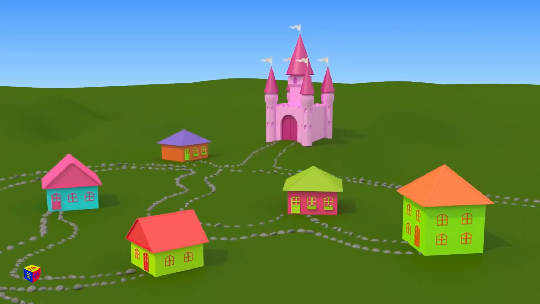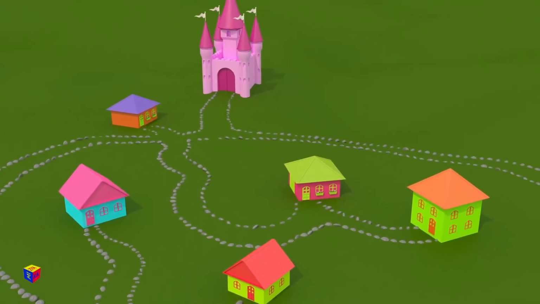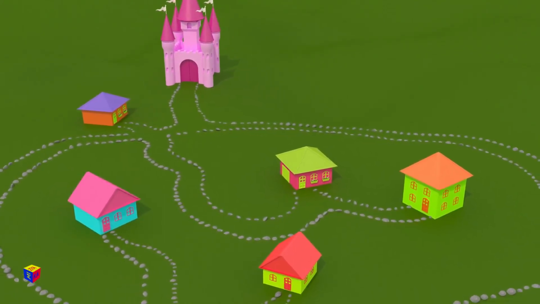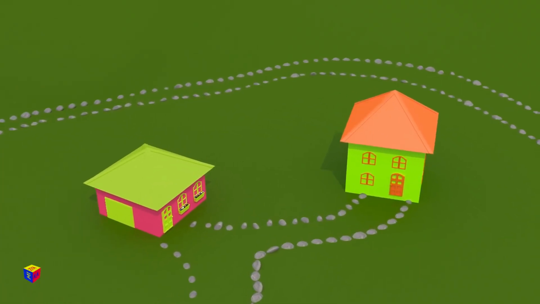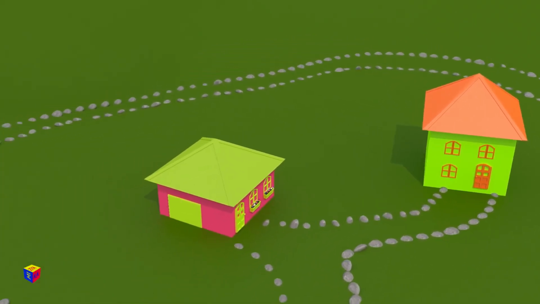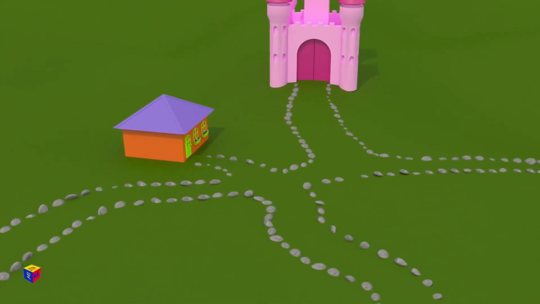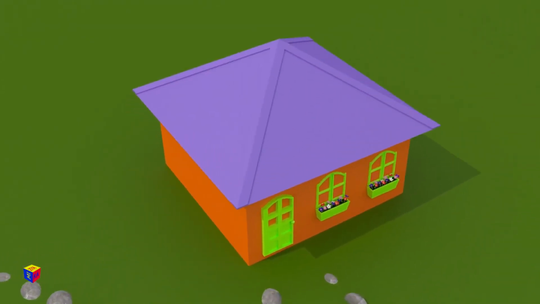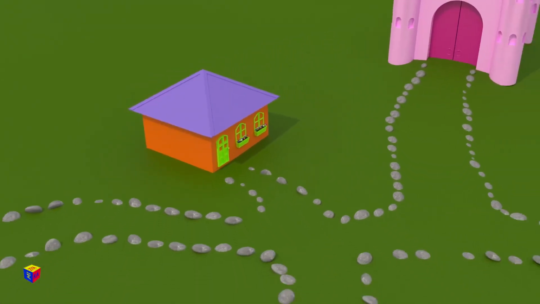Look, here too are cones and pyramids. Where do you see the pyramids? Right, these are the roofs of the houses. Look closely.